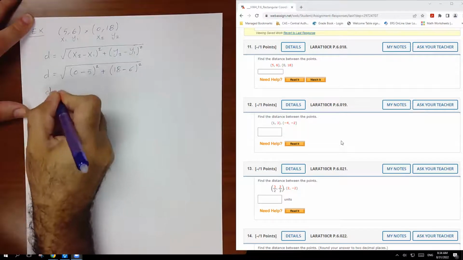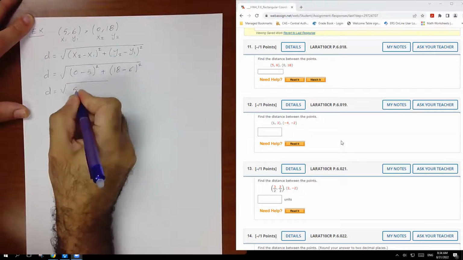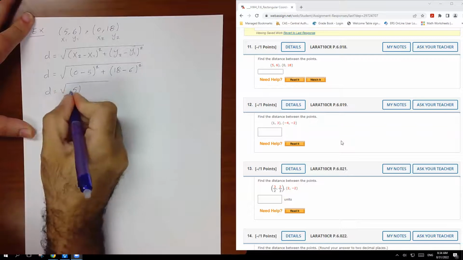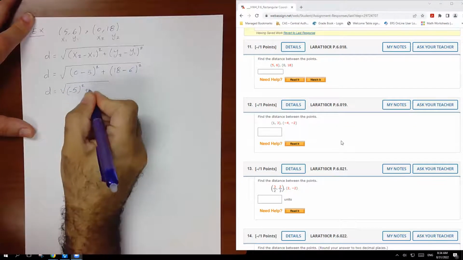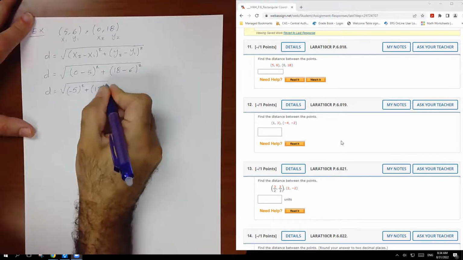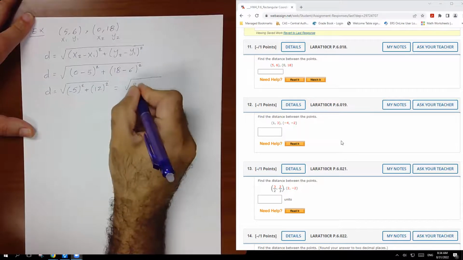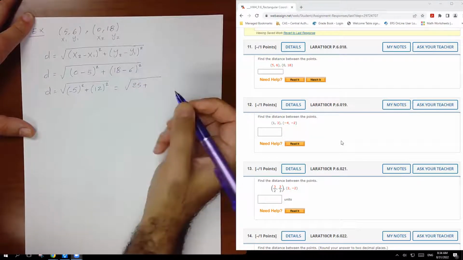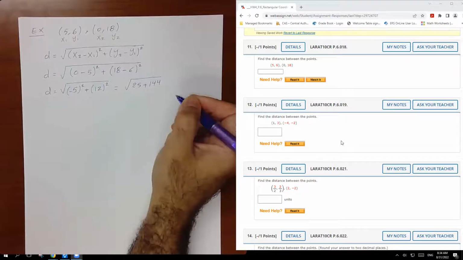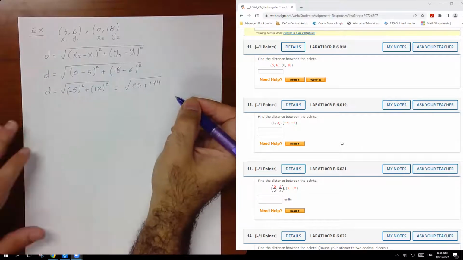That means the square root of 0 minus 5, negative 5 squared, plus 18 minus 6, which is 12 squared. So 25 plus 144 is going to be 169.